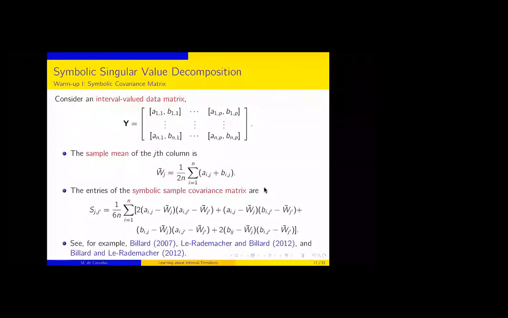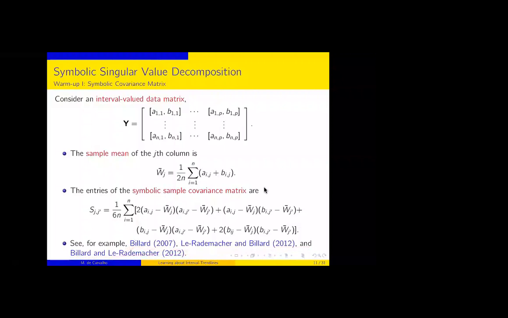It's less simple to think about how a sample covariance matrix would look from a symbolic perspective. This is something that has been studied and introduced, and it is documented, for example, in the papers I'm mentioning here.